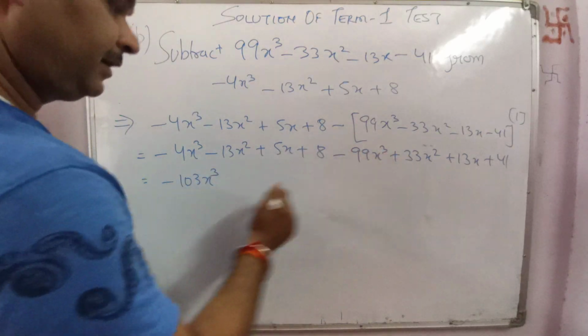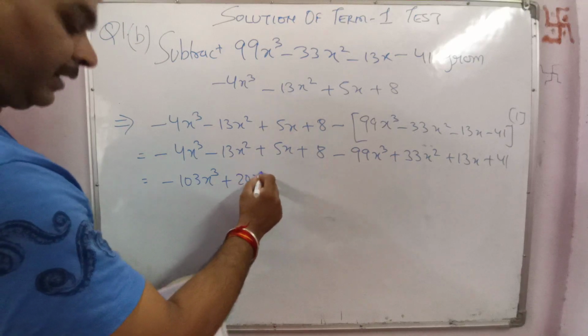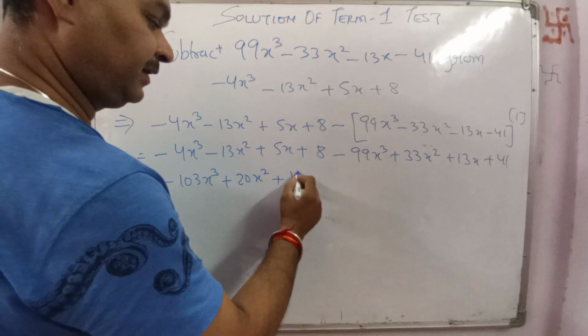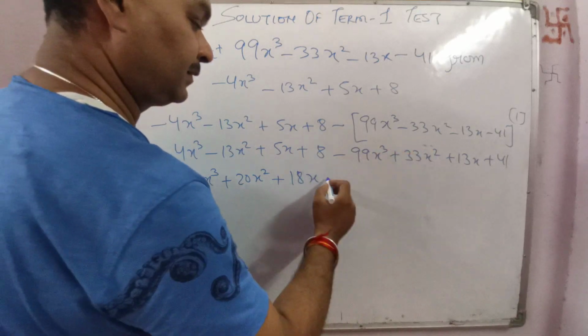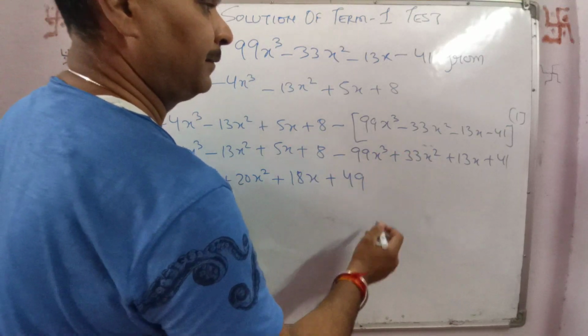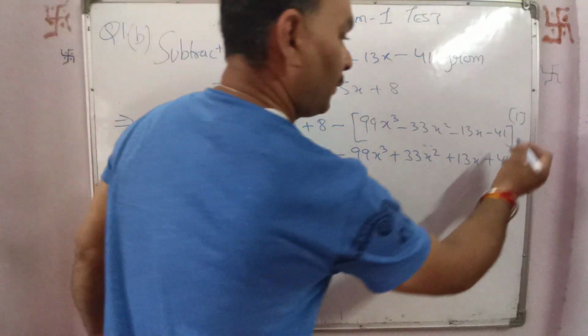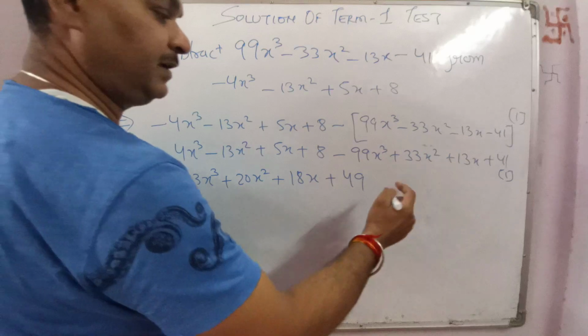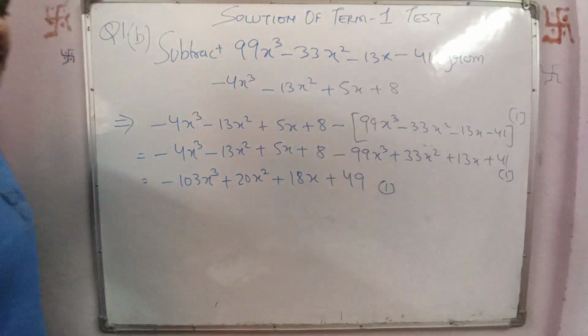Minus 13 plus 33, that is plus 20x square. Then 5x plus 13x, that is 18x, and plus 8 plus 41, 49. So 1 mark for this correct placement, 1 mark for changing the sign, and 1 mark for the answer.